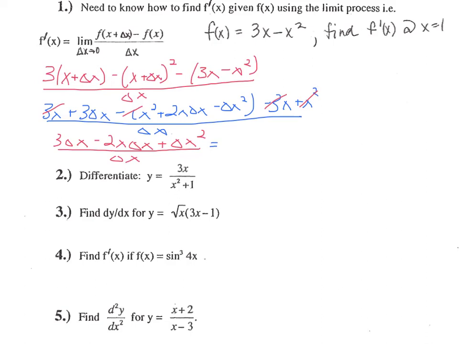So we'll have 3 minus 2x plus delta x. And since we're taking the limit of that as delta x approaches 0, we'll know that f prime of x equals 3 minus 2x.